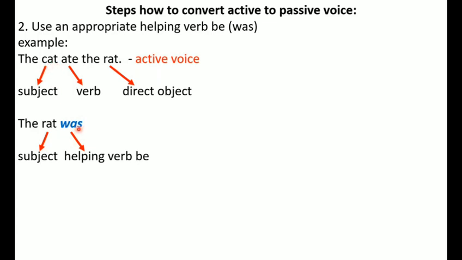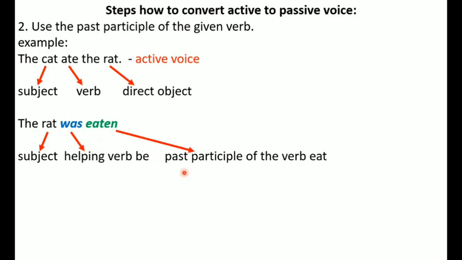Okay. Now, next, use the past participle of the given verb. The given verb here is ate. Now, the past participle of ate is eaten. So, this is the past participle of the verb eat. And then, use the preposition by before the doer of the action.